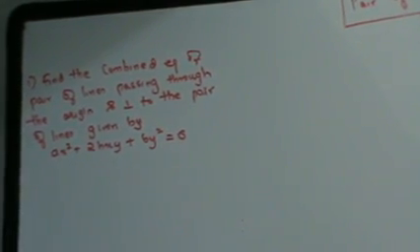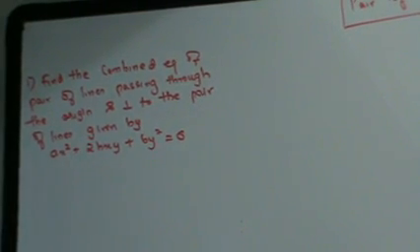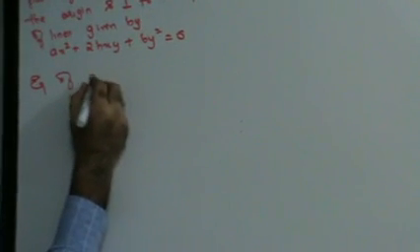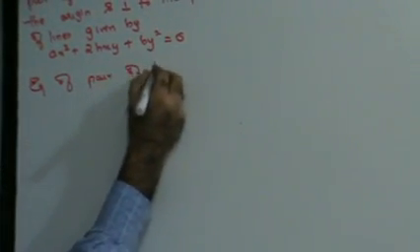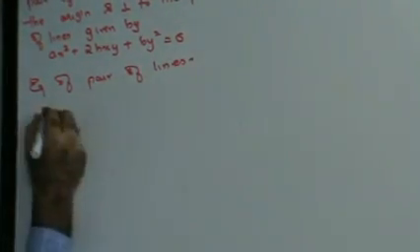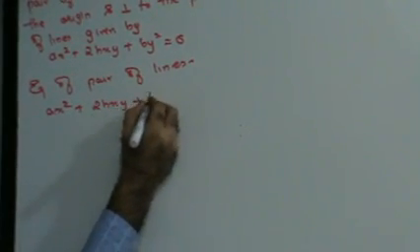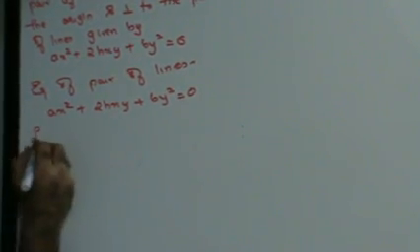Now, let's consider this equation of pair of lines. Equation of pair of lines is given to you as ax square plus 2hxy plus by square is equal to 0. Since this is a quadratic equation, let m1 and m2 be the roots.